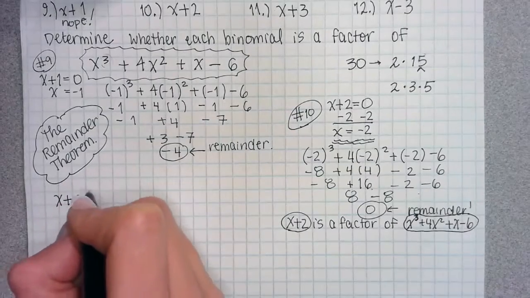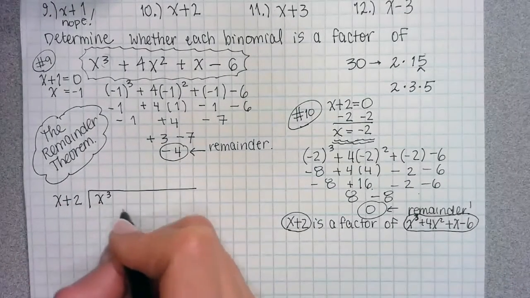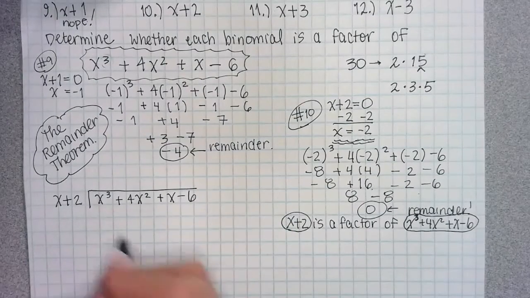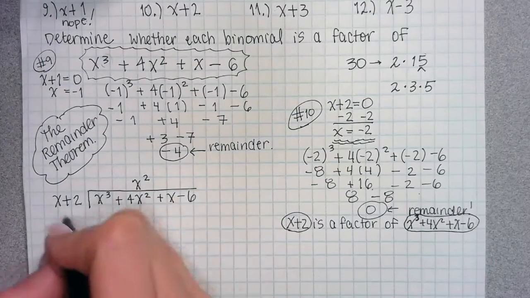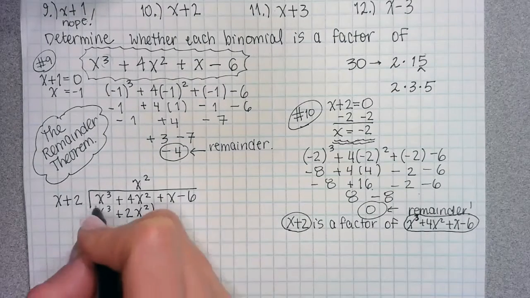So I'm actually going to divide that in. X plus 2. I'm going to divide that into my original dividend over here, x cubed plus 4x squared plus x minus 6. I'm going to show a little bit less work this time. You guys should have the hang of it a bit.